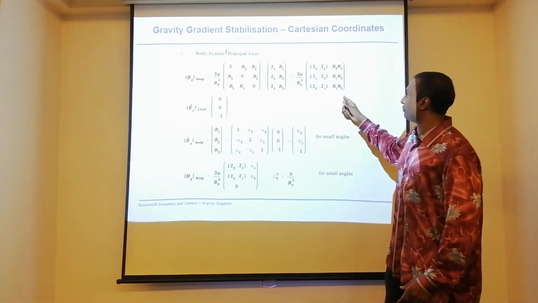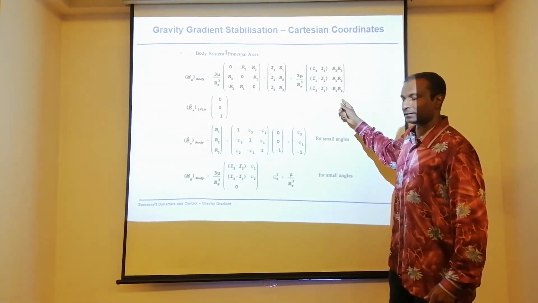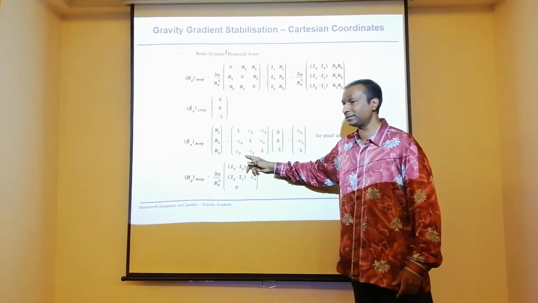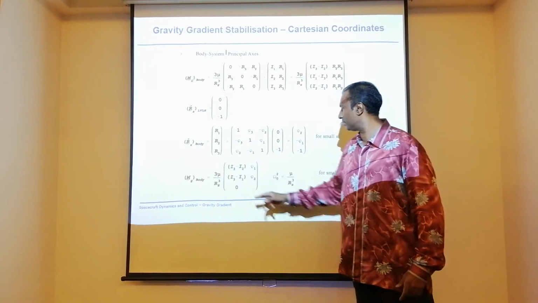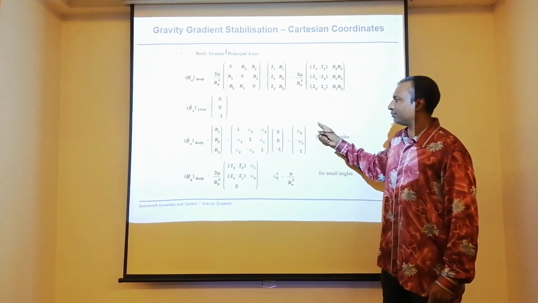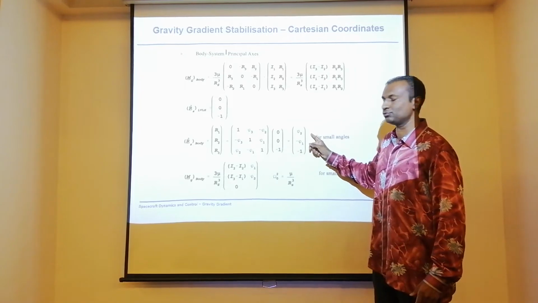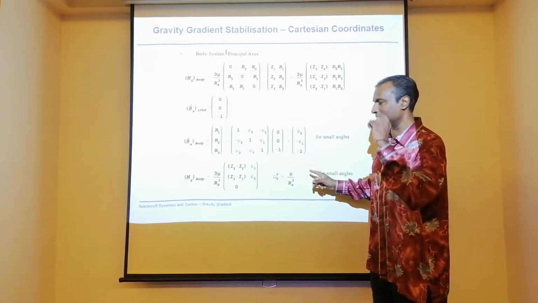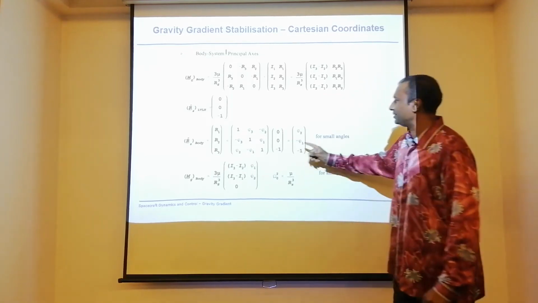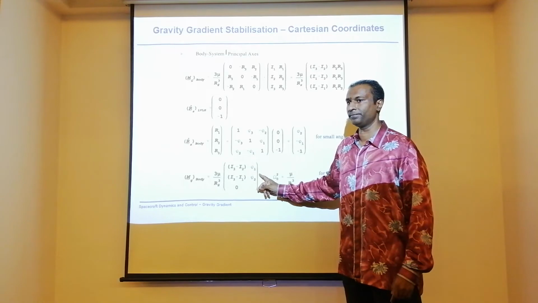So I'm going to transform this into body coordinates: a 3 by 3 matrix times a 3 by 1. If I solve this, I have R1 is phi2, R2 is negative phi1, and R3 is minus 1. Injecting back in, I have a very reduced form.